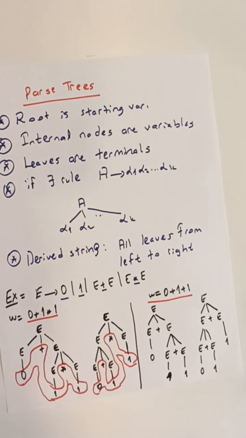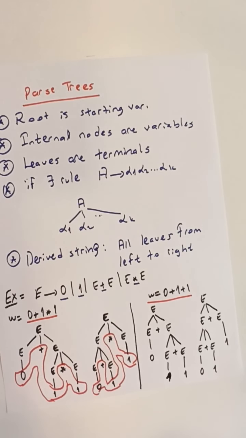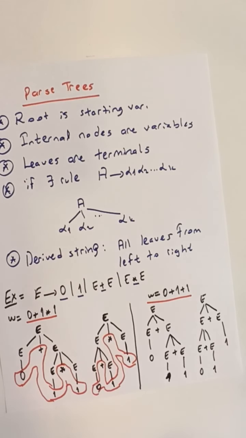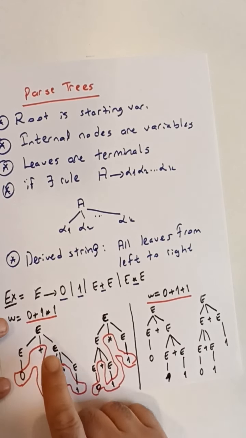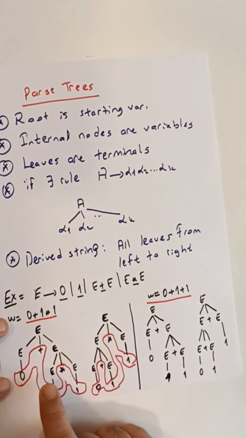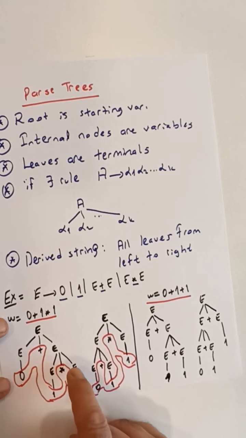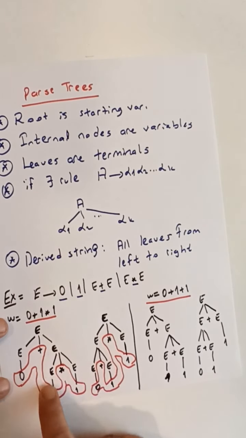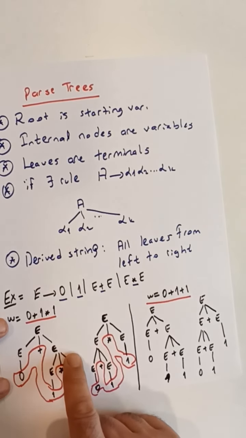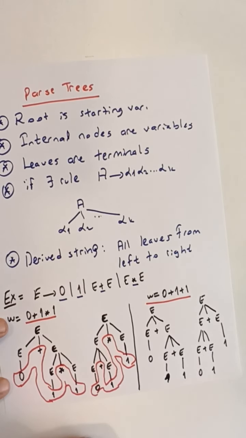Okay? And the parse trees are useful for showing us the order of deriving a string. And if a string consists of operators like addition, multiplication, and so on, each parse tree tells us the order of doing these operations. So for instance, for this example, 0 plus 1 times 1, this parse tree tells us that we first do the multiplication operation and then do the addition operation.